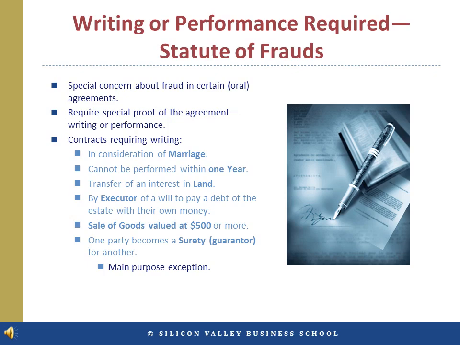Traditionally, the statute of frauds requires a writing signed by the defendant in the following situations: contracts in consideration of marriage, contracts that cannot be performed within 1 year, contracts for the transfer of an interest in land, contracts by the executor of a will to pay a debt to the estate with their own money, contracts for the sale of goods valued at $500 or more, and contracts in which one party becomes a surety, acts as a guarantor for another party's debt or other obligation.